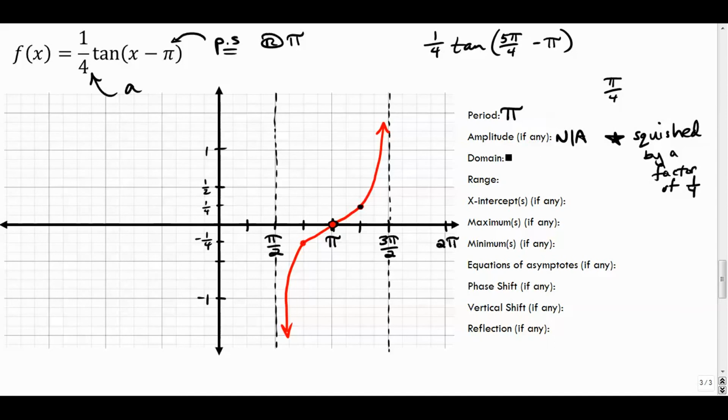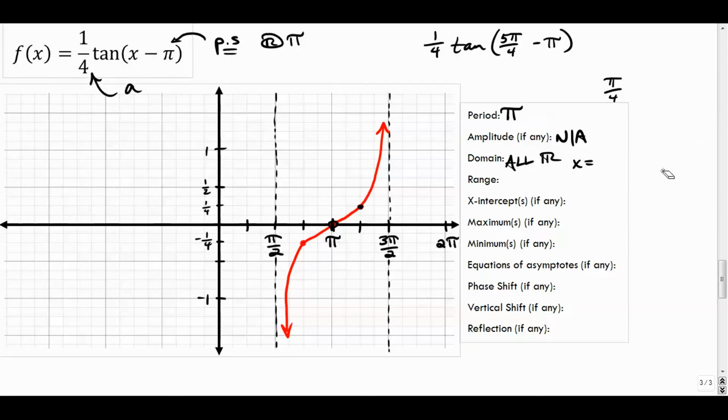That would be fine. The domain value is all real numbers, all x values, except, let me erase this, except when the asymptotes occur, which is at pi over 2, and then every pi units thereafter.